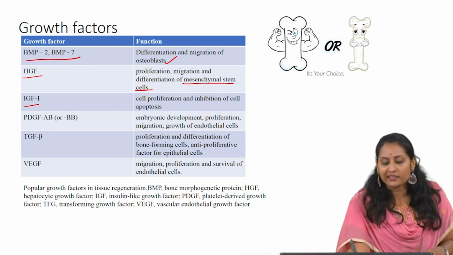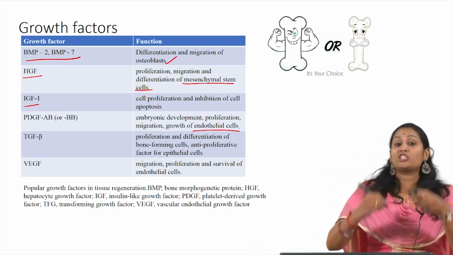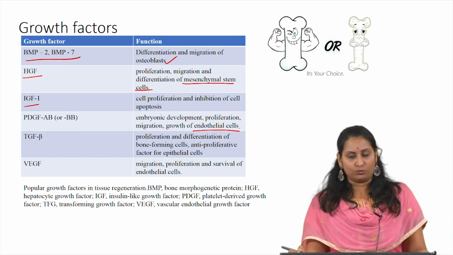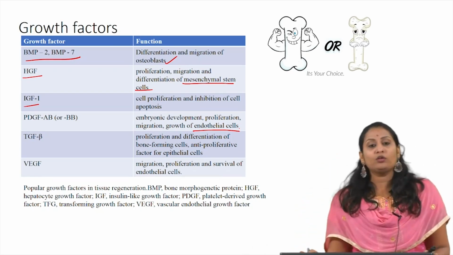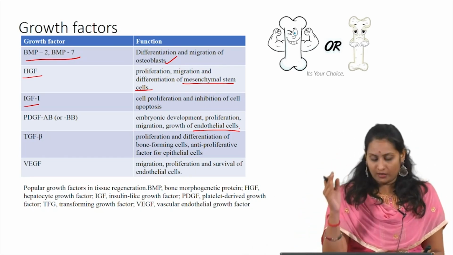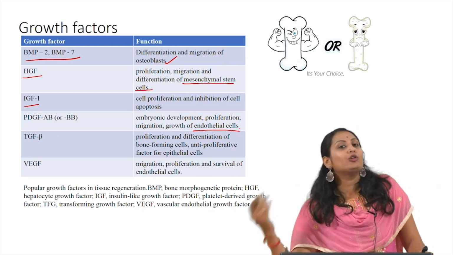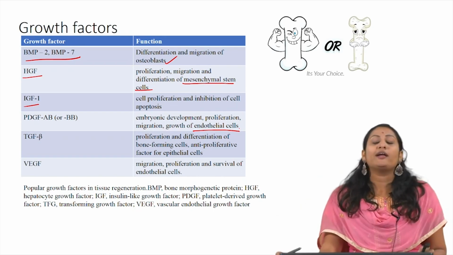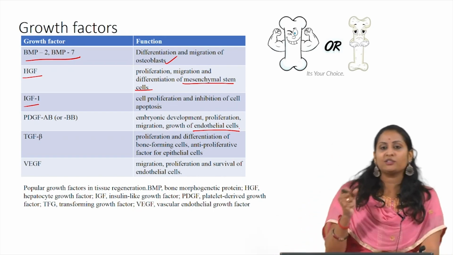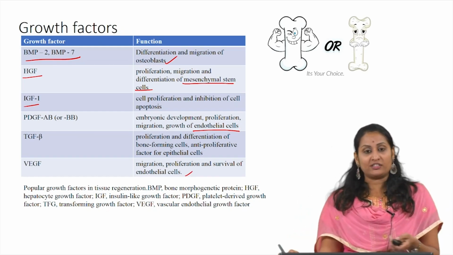Endothelial cells are very important for vascularization, which helps in the formation of new tissue. TGF beta is transforming growth factor, which helps in the proliferation and differentiation of bone forming cells, and acts as an anti-proliferative factor for epithelial cells. And VEGF, vascular endothelial growth factor, is for migration, proliferation and survival of endothelial cells, again for vascularization.